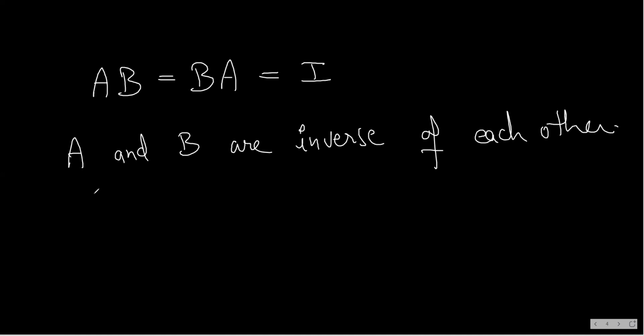But then it is customary to write the inverse of matrix A in a specific way. So I will write that here. See, I write it is customary. What is the meaning of customary? Customary means something that is in custom, that is being followed.